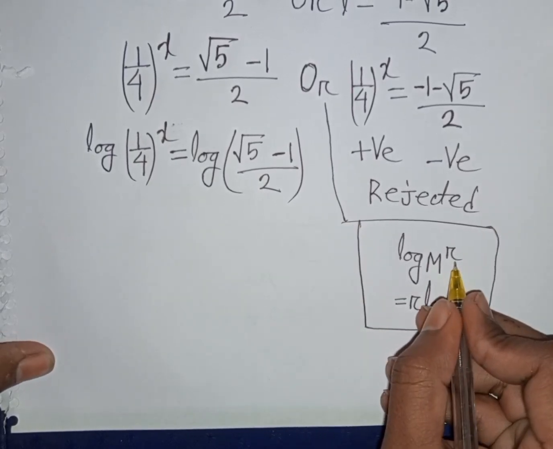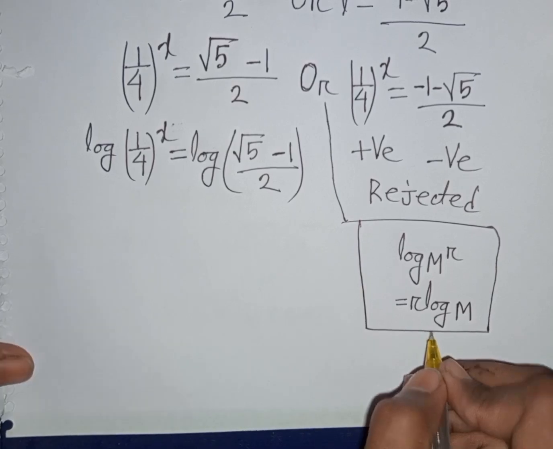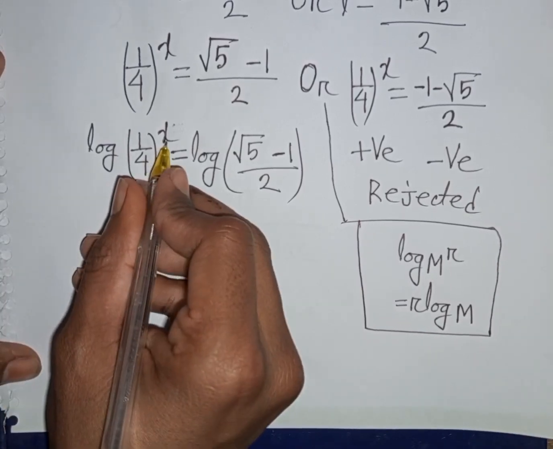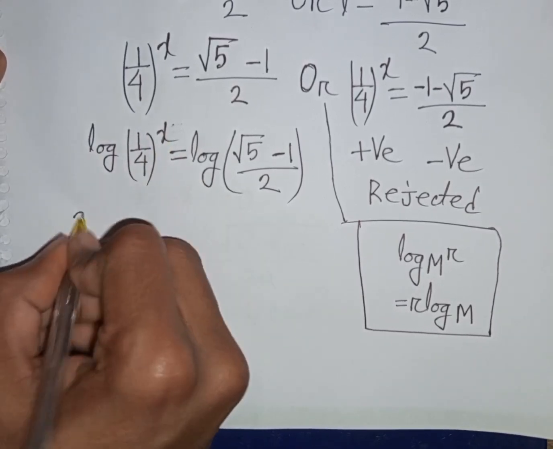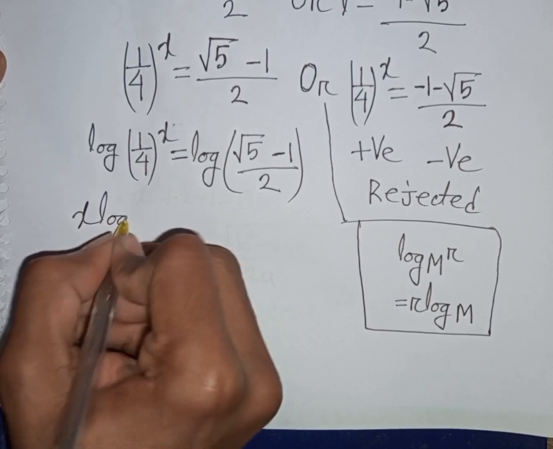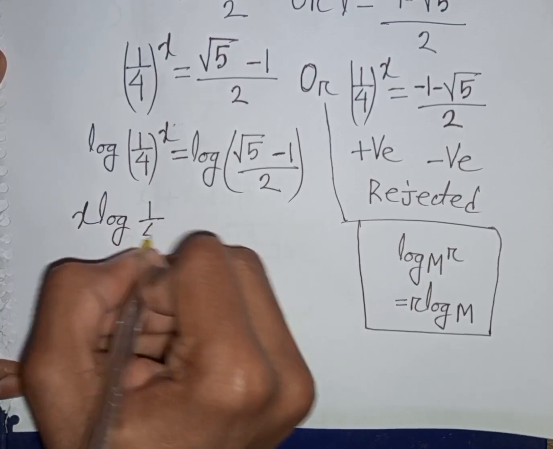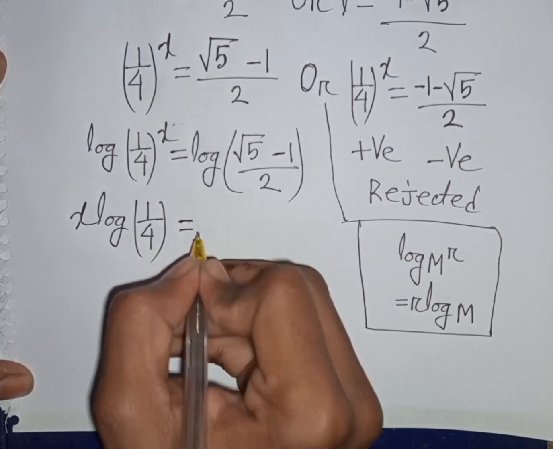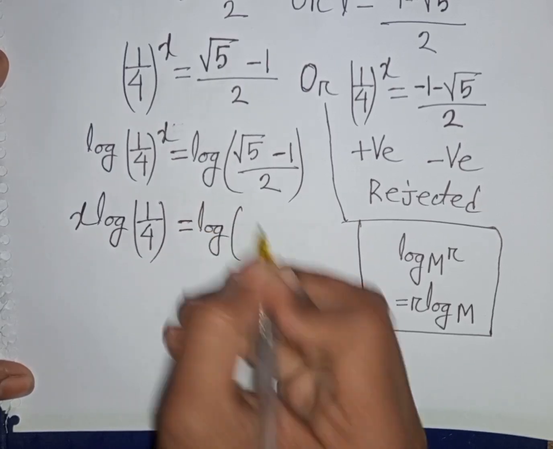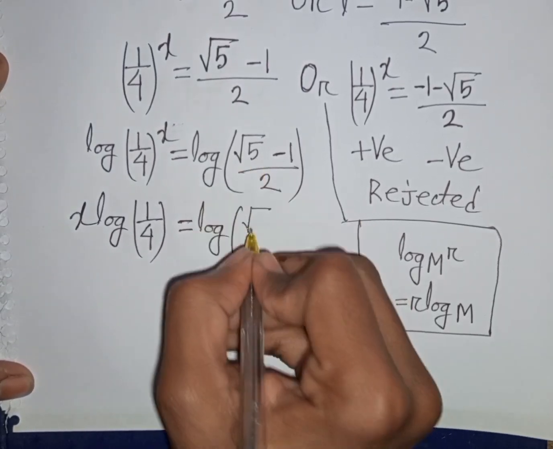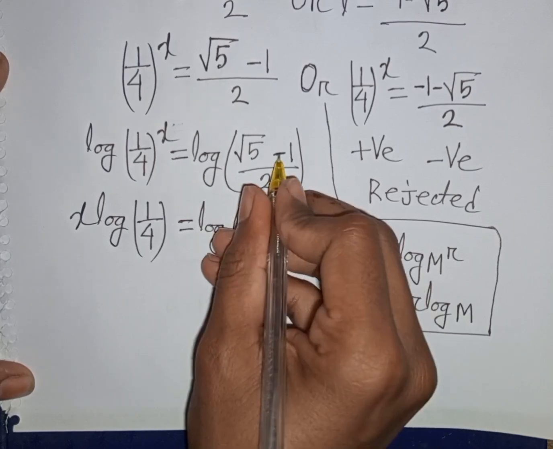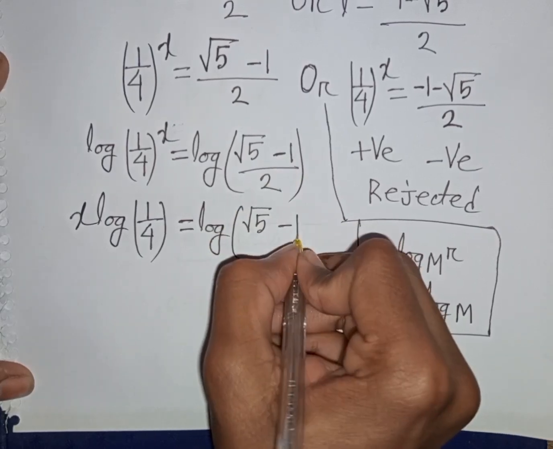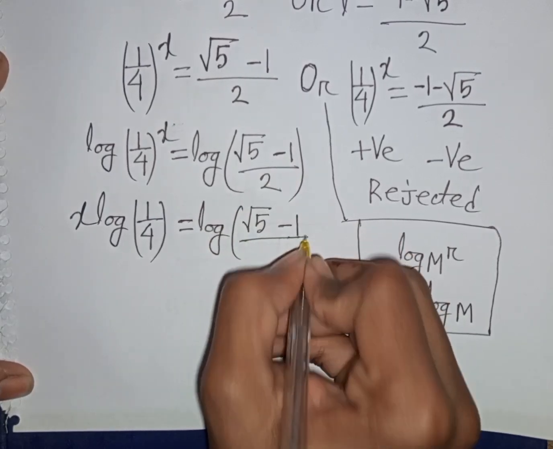That means the power r moves to the front. So according to this rule, this power x will move to the front, so you can write x log (1/4) is equal to log of (square root of 5 minus 1) divided by 2.